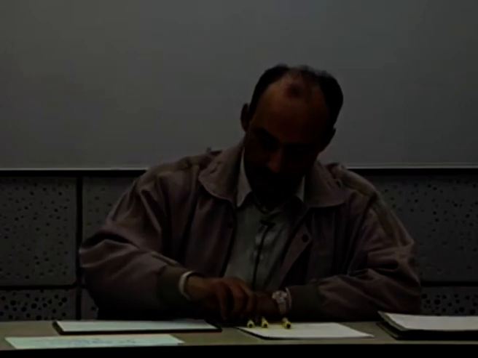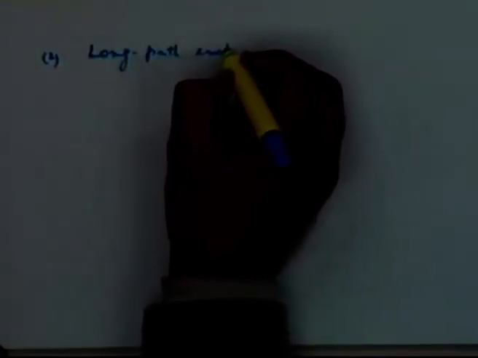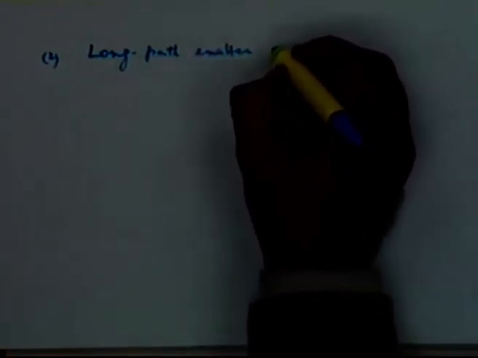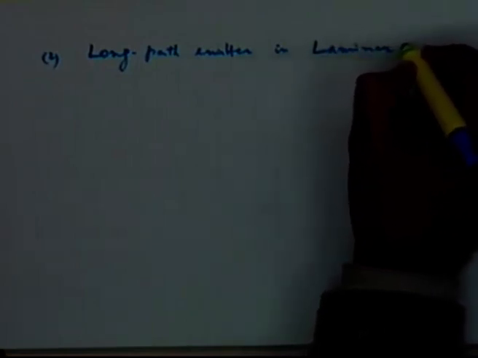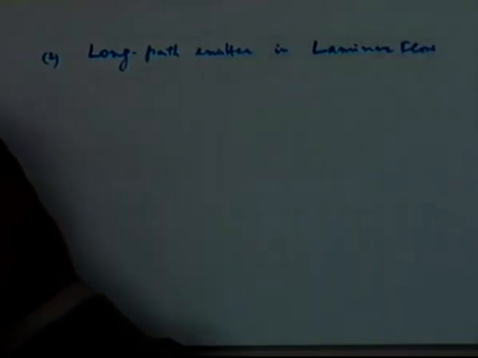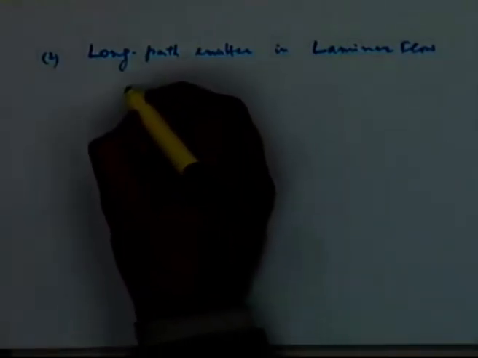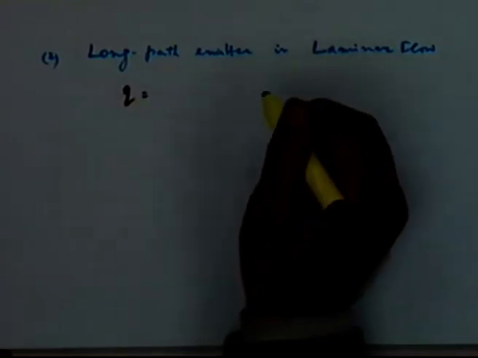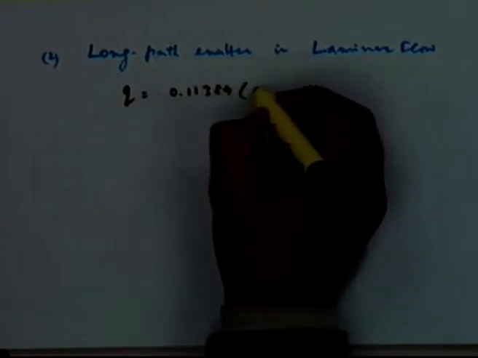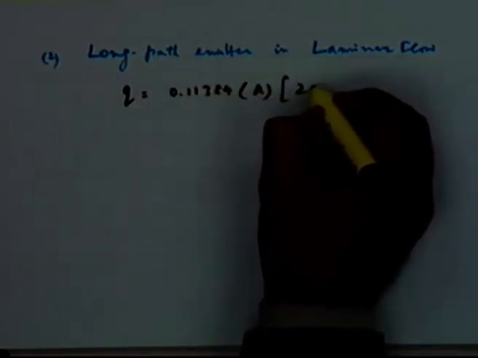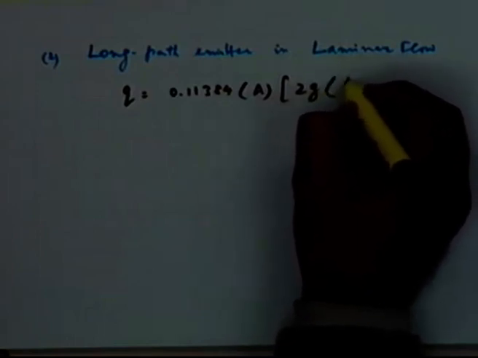Let's take a case where you have a long path emitter and the flow regime is laminar, then the emitter discharge Q is expressed as this given expression.